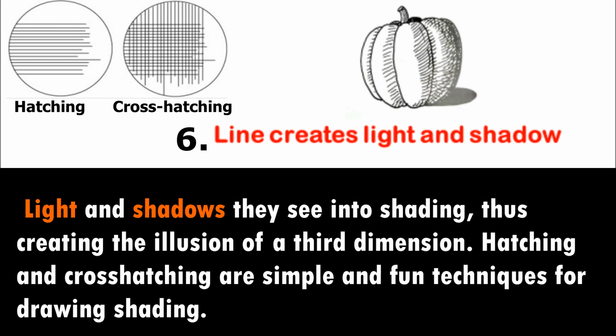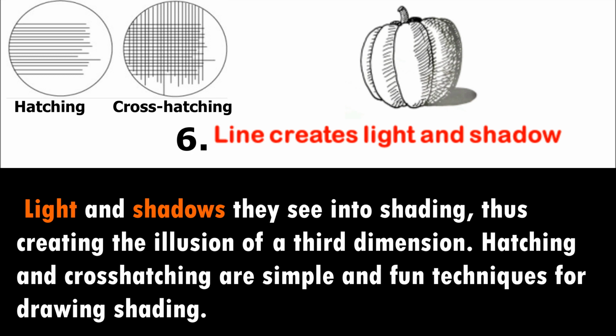Number 6, line creates light and shadow. By creating light and shadow, you can use the hatching technique and the cross-hatching technique. Light and shadows lead into shading, thus creating the illusion of a third dimension.